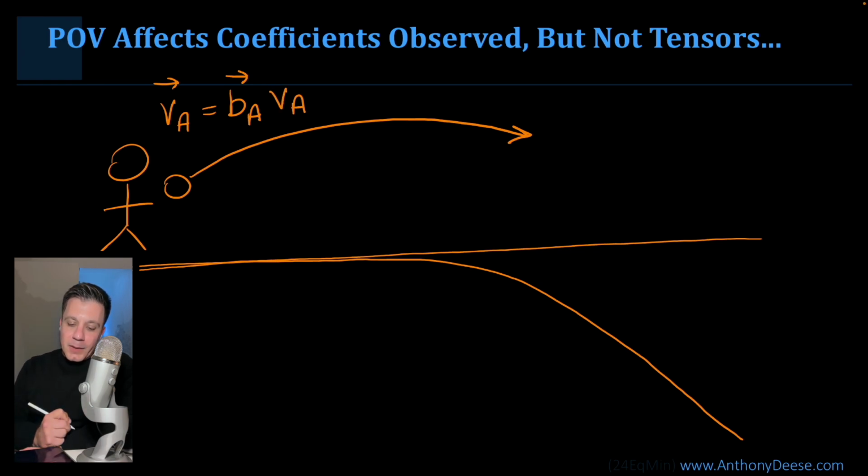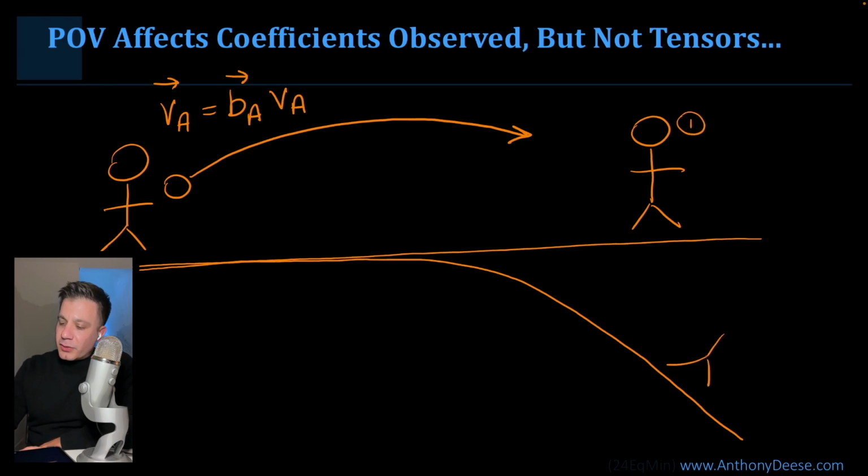Okay. Then over here on the observing side, let's say we have two different observers. Okay, we'll call this observer 1 and we'll call this observer 2. Now, what's the difference between these two? They have, first off, different basis sets, right? They are oriented with respect to different axes.